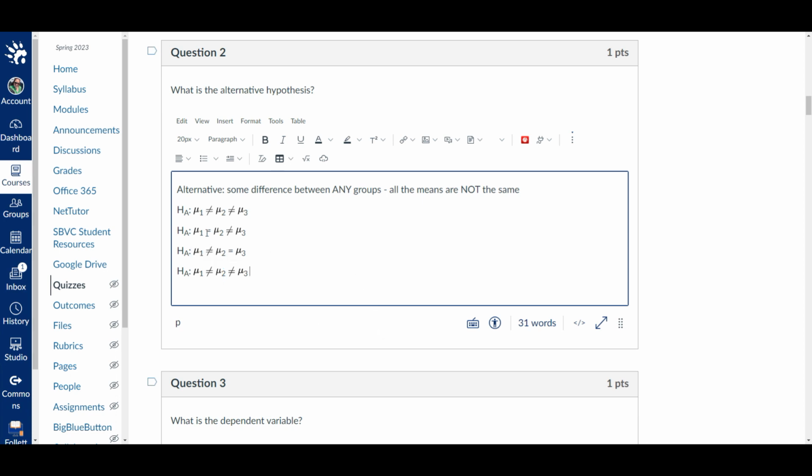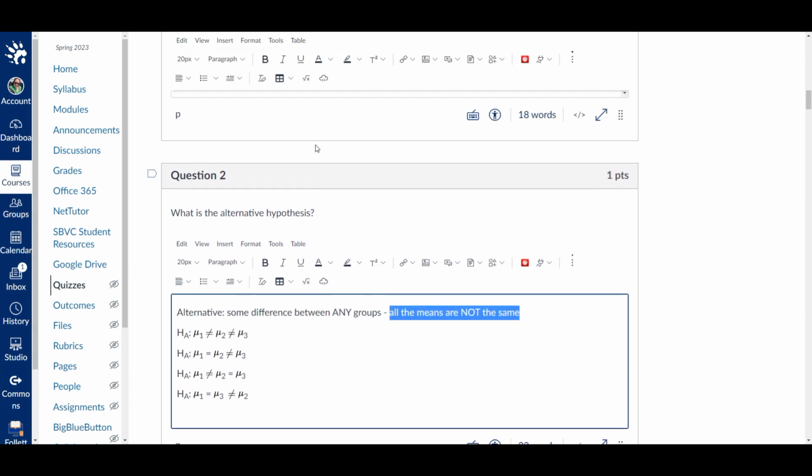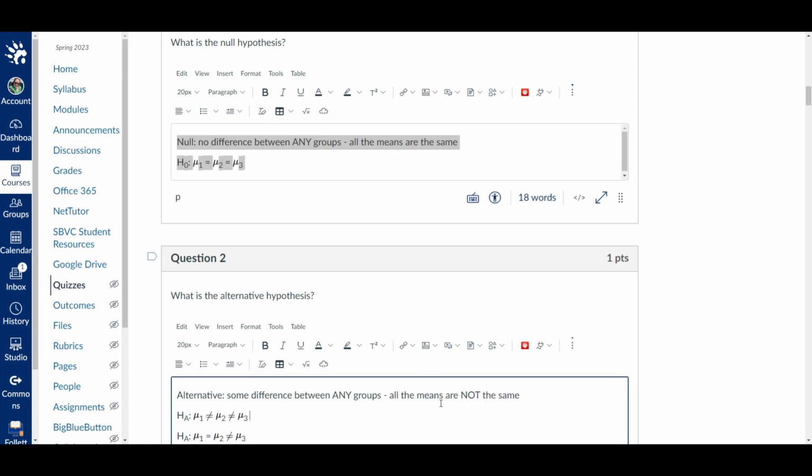That 1 and 3 are the same, but they're somehow different from 2. Right, that. Let's move this. That these two are the same, but they're different from this one. Right, so we have all these different possibilities that would all make it so that not all the means are the same. The opposite of all the means are the same is that not all the means are the same.